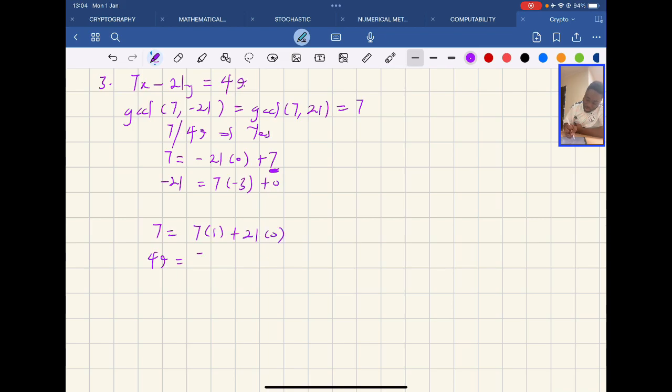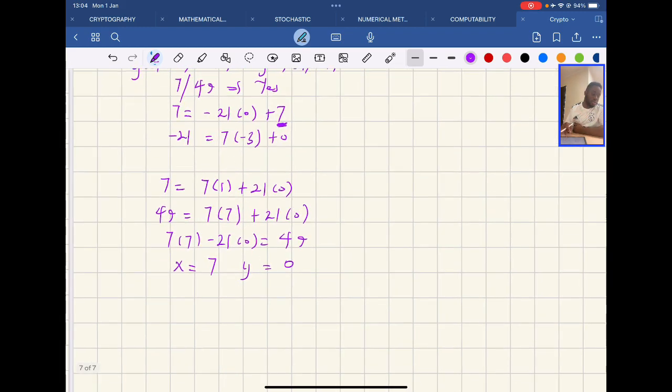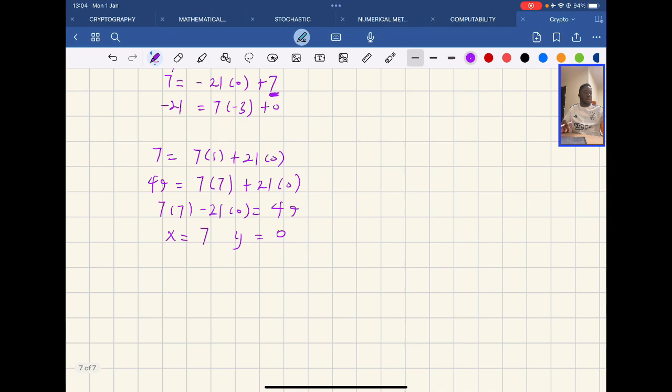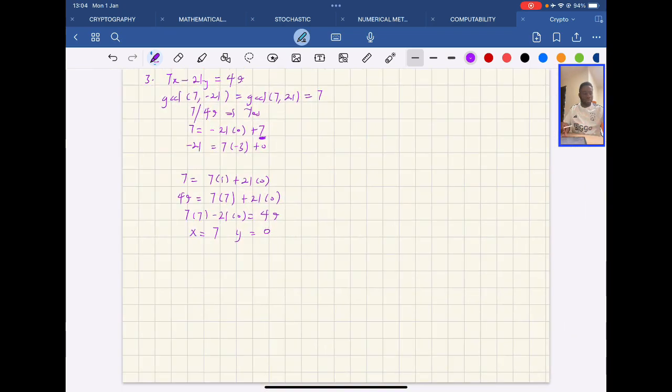If you multiply through by 7, I'm going to get 7 plus 21 and 0, because 0 times 7 is 0. Now we can modify this and get 7 minus 21, 0 is equal to 49. So over here our x is equal to 7 and our y is equal to 0. So a solution exists. That is how to solve any Diophantine equation.